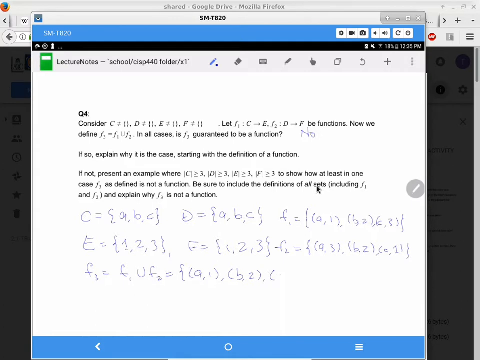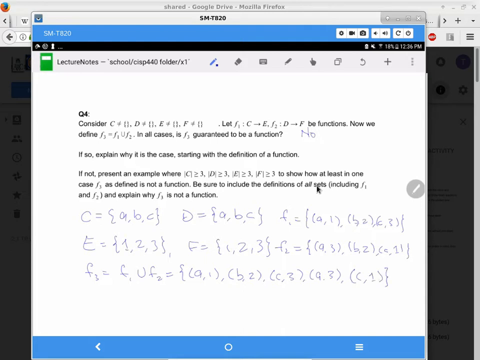It's going to have (C,3), but it also is going to have (A,3) because (A,3) as a 2-tuple is not the same as (A,1). So that's why (A,3) is going to be here. And then the same thing applies to (C,1) because (C,1) is a 2-tuple. It is not considered the same as (C,3). So (C,1) is going to be here.